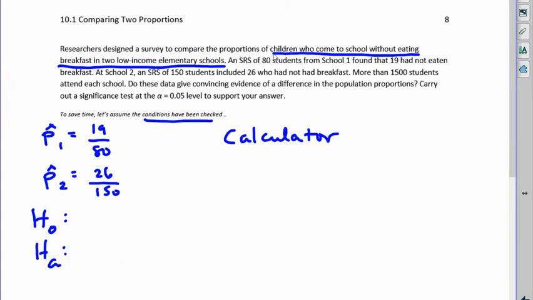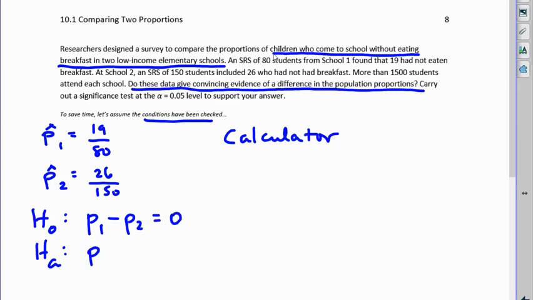They are looking at, does this data have convincing evidence that there's a difference in the population proportions? They're thinking that school 1 and school 2 are the same, and they are wondering if they are different, and so not equal to 0.